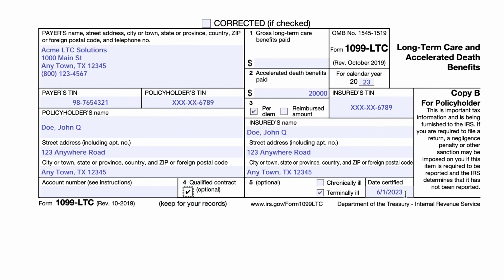Presumption is that they received all the required medical paperwork from his doctor and made that determination. Again, this is an optional field, so you may not see this completed.